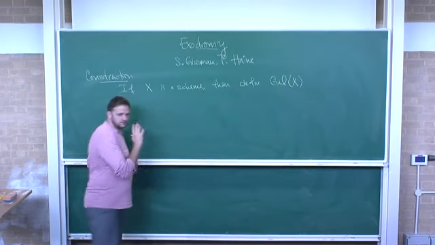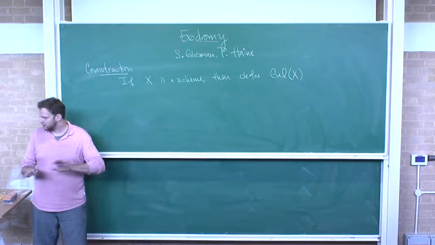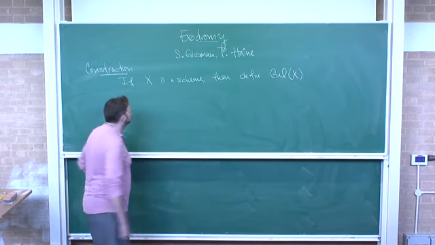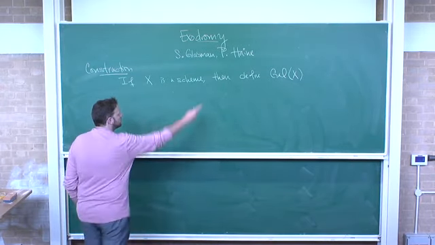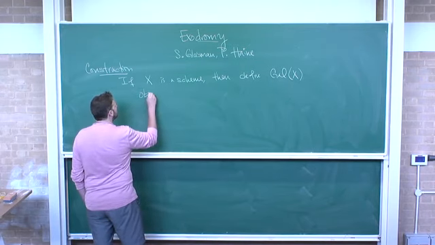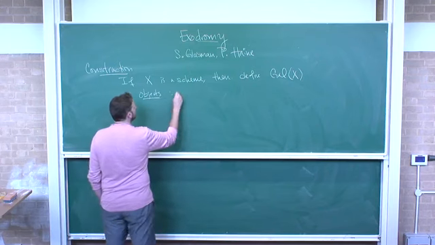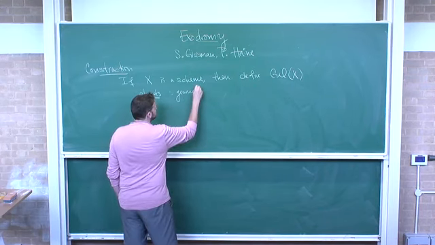And when I say category, I mean one-category. So Gal X, the objects, are going to be geometric points.